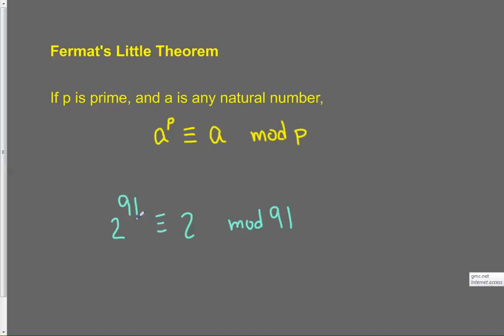So we got 37, so no. It was congruent to 37 mod 91, not 2. It's not acting like a prime number should, according to Fermat's little theorem. So 91 has to be composite. So here we have a test that, if we fail the test, we know it's composite.